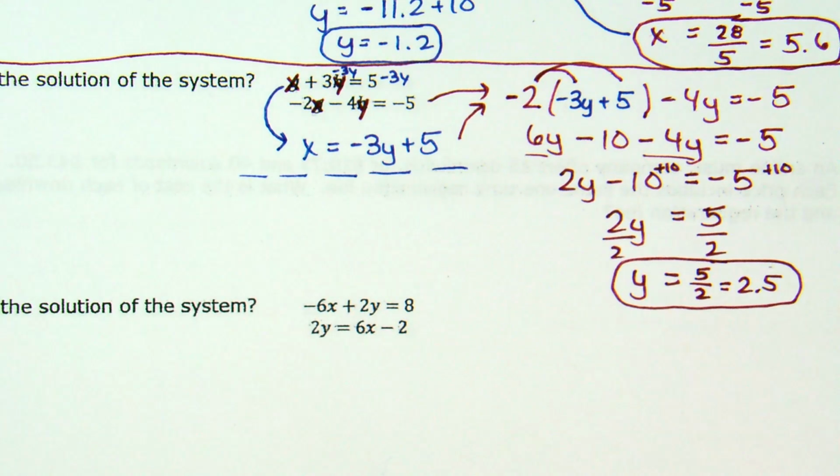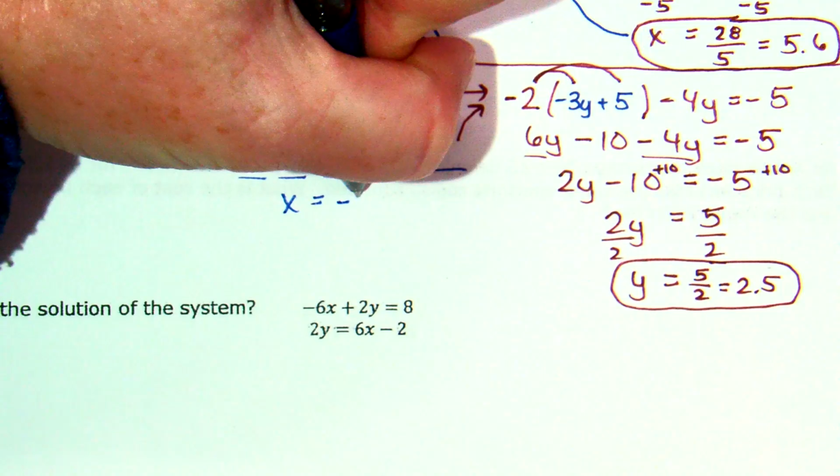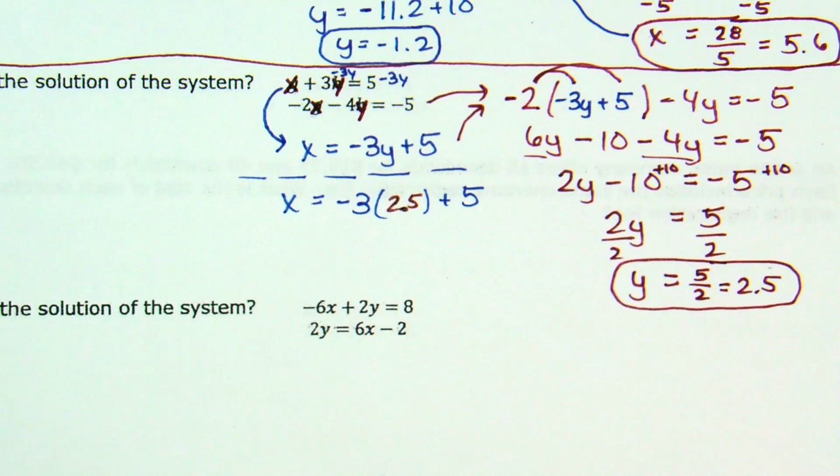Yeah. I mean, officially, you can go back to either of your original equations. That's fine. But I like to make life as easy as I can, so I like to use the one that I already have solved for, either x equals or y equals. So, x equals -3 times whatever y is, which is 2.5 plus 5. So, -3 times 2.5, negative 7.5.